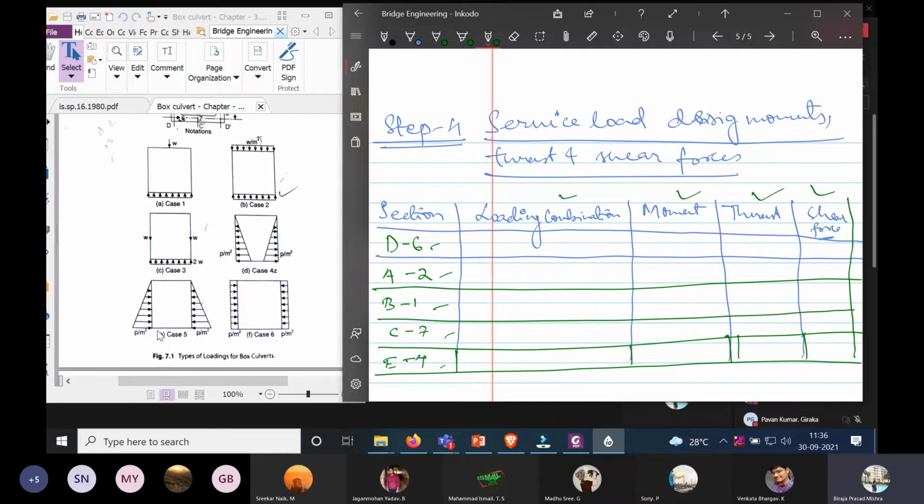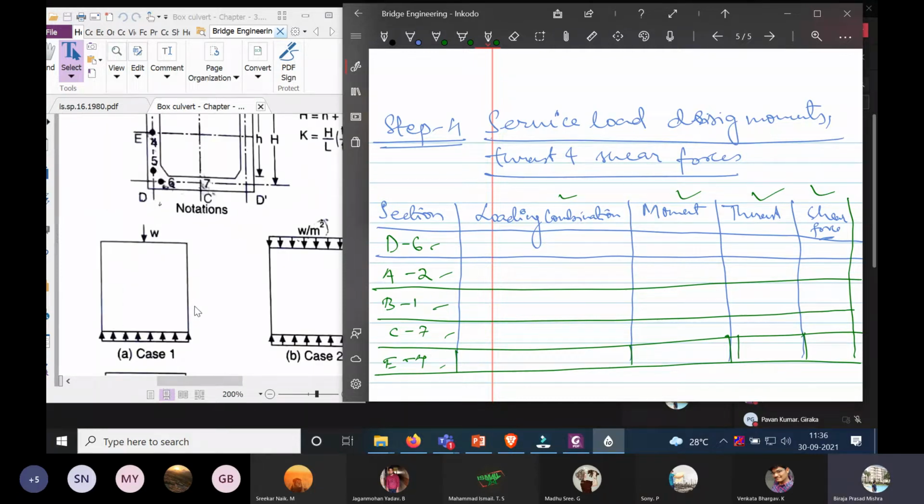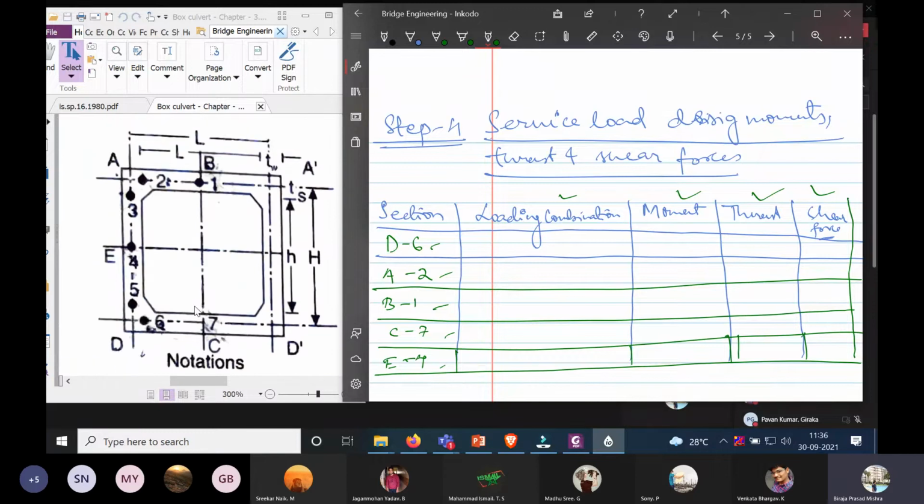If I zoom in, you see, the first one is D6, then A2. So first we'll consider D6, then A2, next B1 and C7, and then we have E4. Understood?